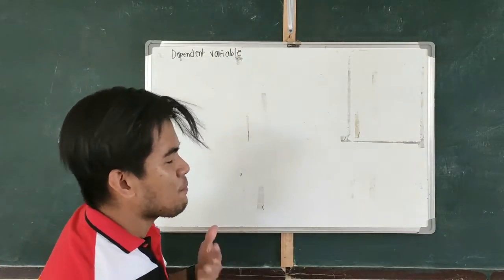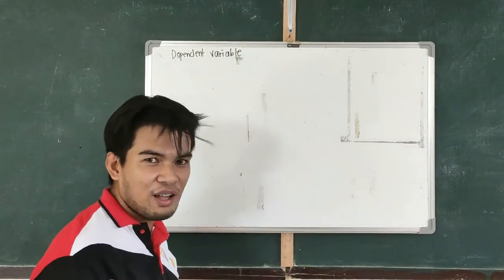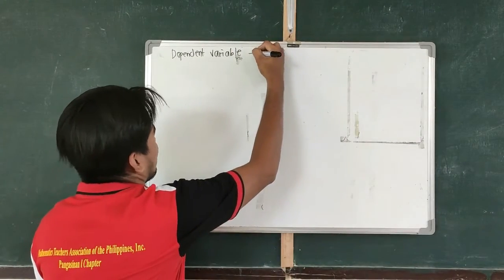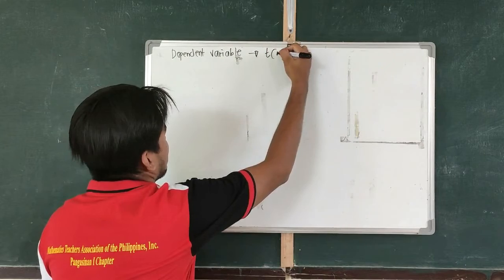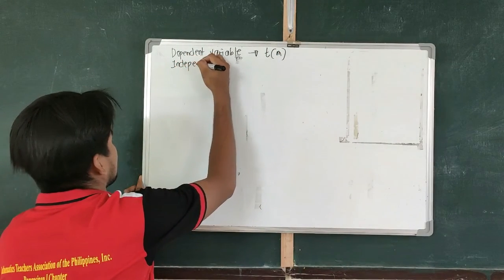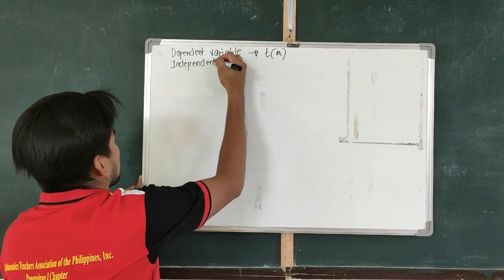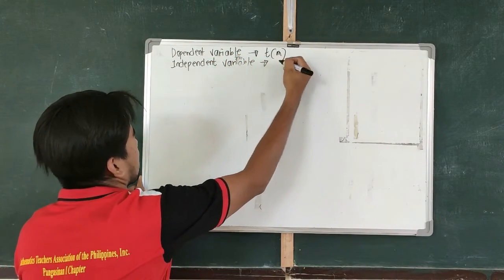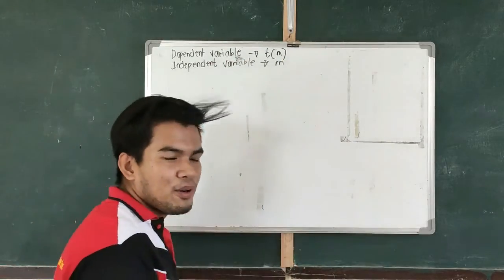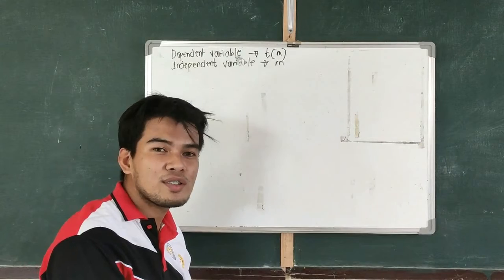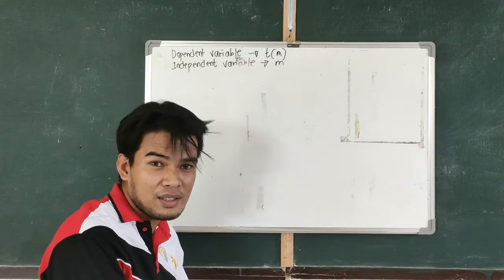Dependent, yung dumidepende sa isang value para magkaroon siya ng value. So we have the dependent variable is of course P of M. And then the independent variable, of course, M. Okay, so nasabi sa problem na si user babayaran niya weekly ay 200 pesos kasama yung 50 na text messages.